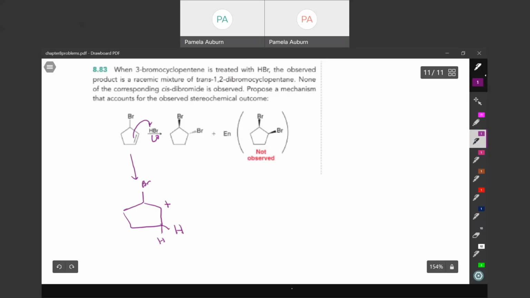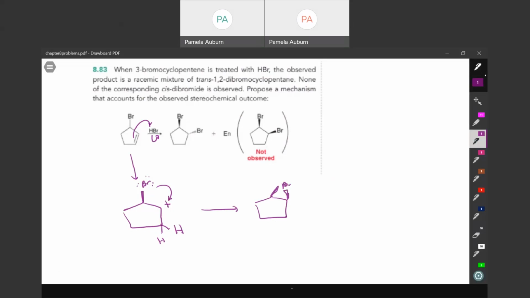And I'm just going to draw one enantiomer here. So what happens now is a lone pair of electrons comes in and attacks that carbocation, and I'm forming now a bromonium ion. So now I have a bromonium ion.